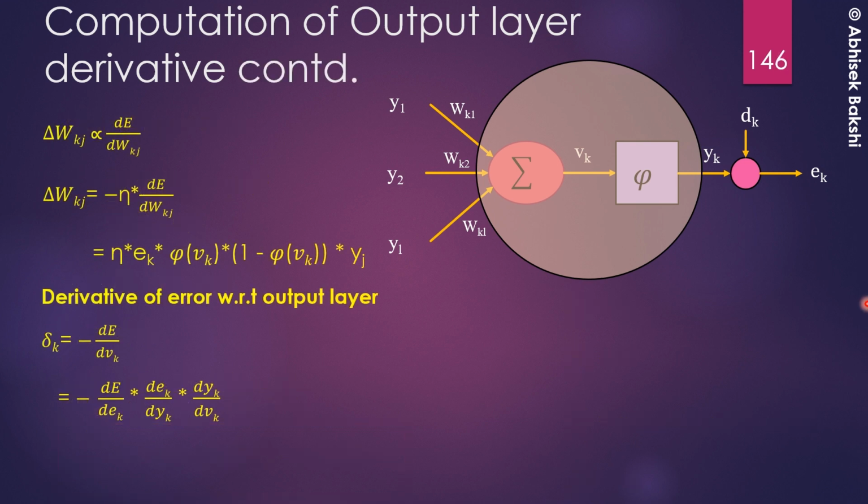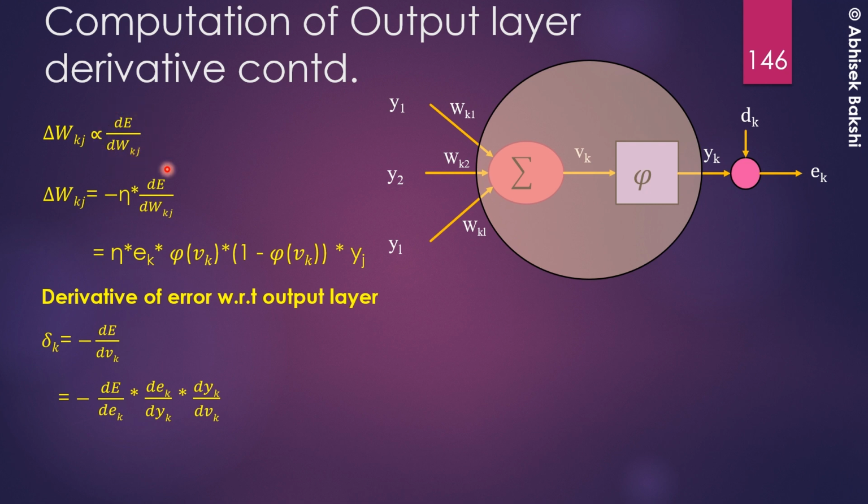So now you see one thing very important, that is, we all know one thing, that is the delta wkj, which is basically changes of the w, which is proportional to this derivative of error with respect to wkj.